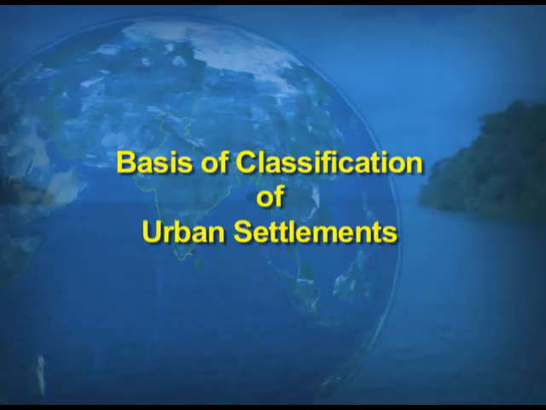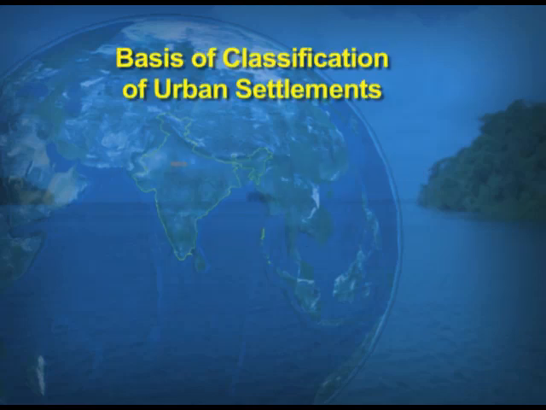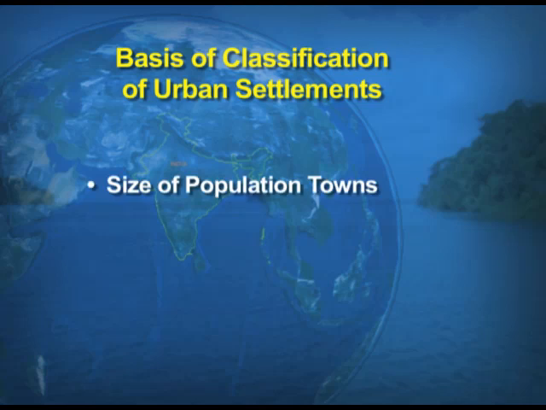Now, we talk about the different bases of classification of the urban settlements. So, there are two bases. One, the size of urban towns and number two, the functions of the towns, because cities are known by either the size or the function they are important for.